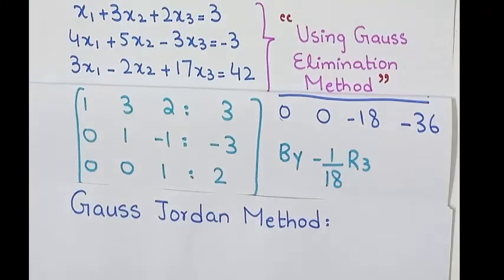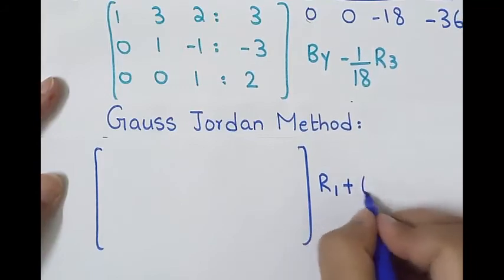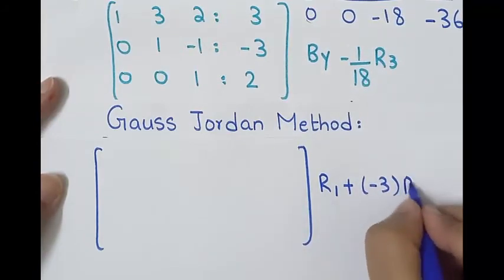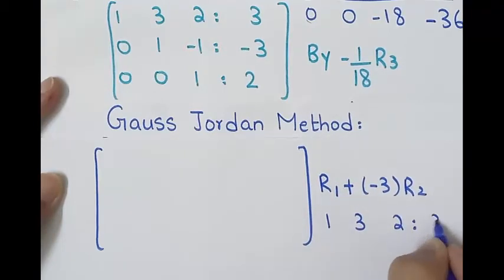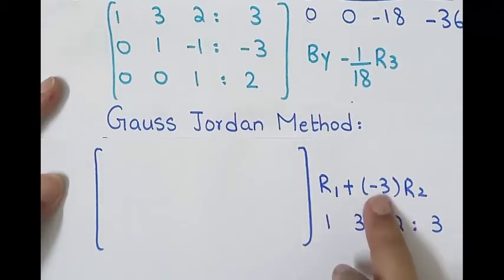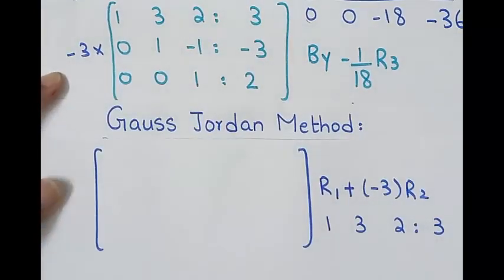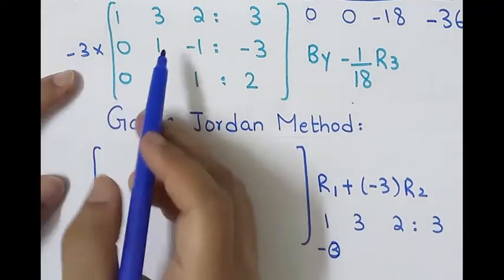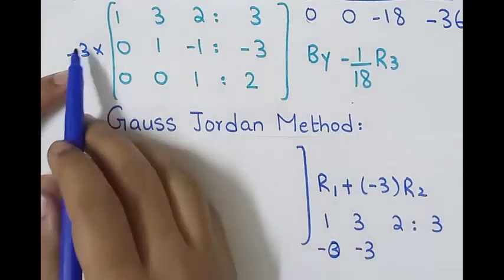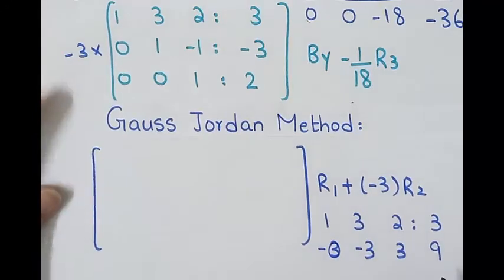There is 3 also. So we have to make 0 at this position. So how we will do it? The operation will be R1 plus minus 3 times R2. R1 is this matrix and multiplying minus 3 with row 2, we have 0; 3 times 1 is 3; 3 times 1 is 3; and 3 times 3 is 9.